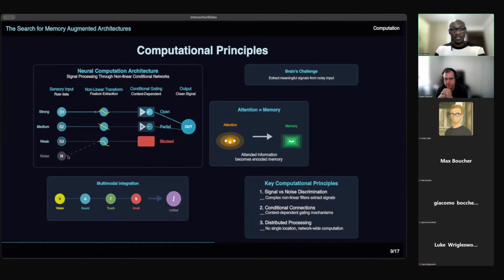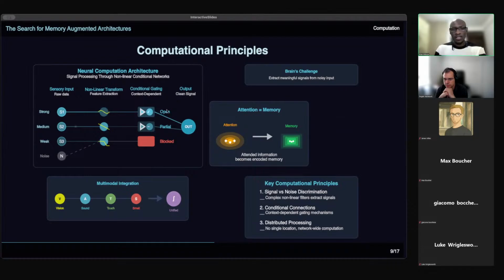So we have noise that comes through, as I have represented. It's always coming through. Noise is everywhere. Through this process of encoding and filtering information, the weakest layer of noise is always blocked. It never goes through to the output.